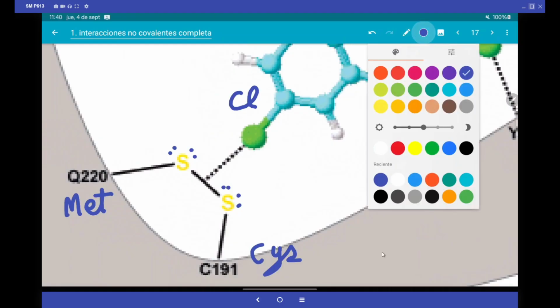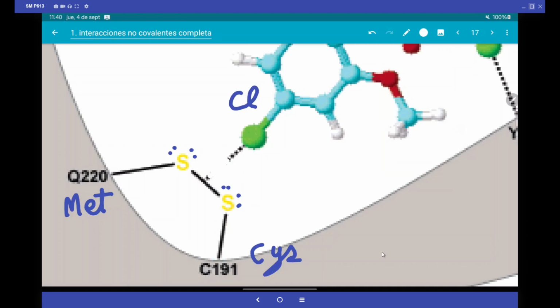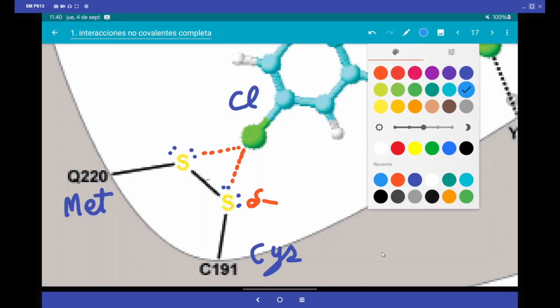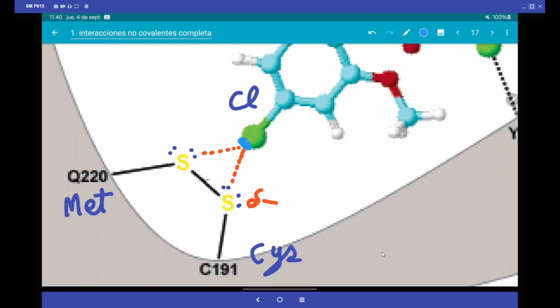So be careful, it is not the link in itself, but some electronic pair of sulfur, or both, that are doing the interaction. Because the sulfur is electronegative and the halogen has the electropositive sigma hole, the sulfur can also be an acceptor of a halogen bridge.